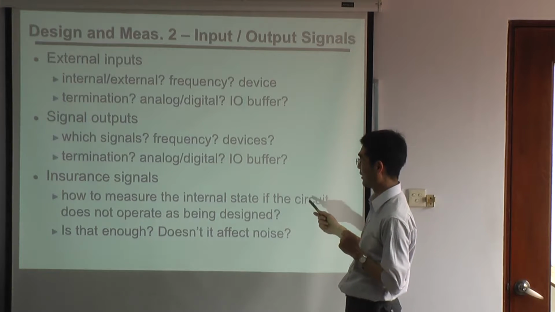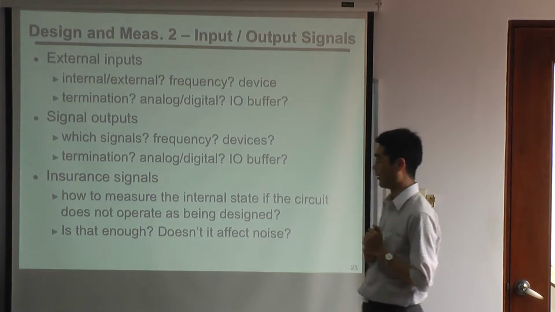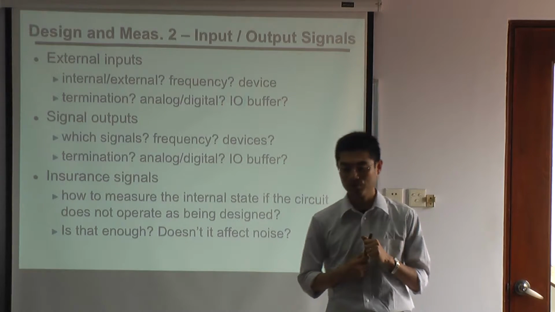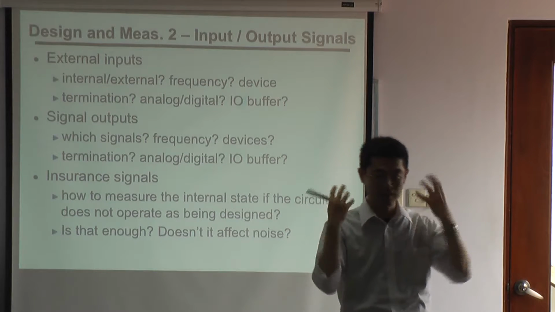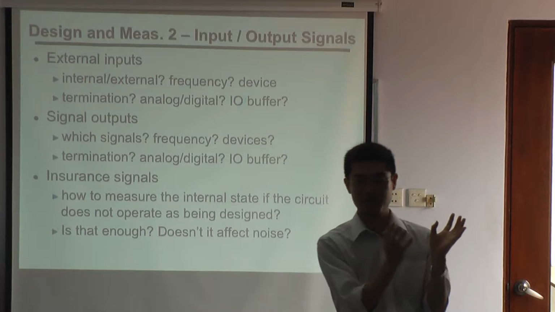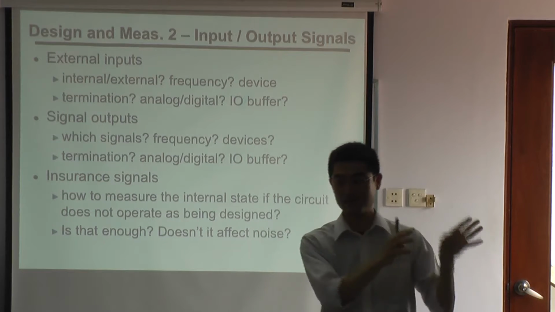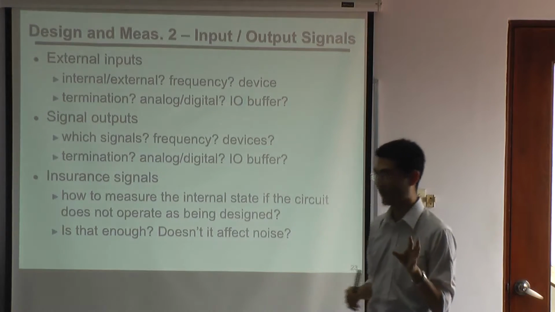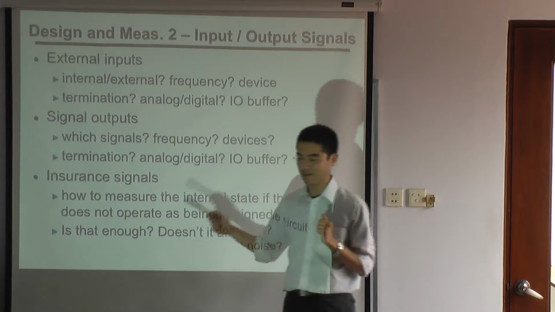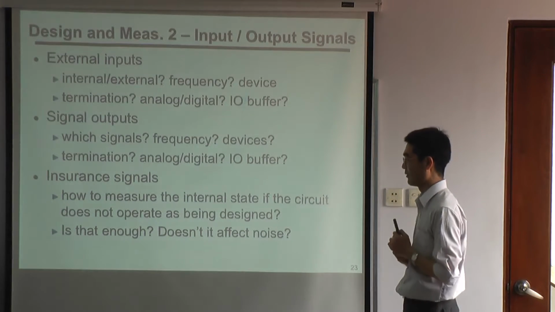So how to measure the internal state if the circuit does not operate as we designed? So we have to run simulation: if this block does not work, what happens? And in such a case, how do we measure this block? And it is always a question whether these insurance signals are enough or not.